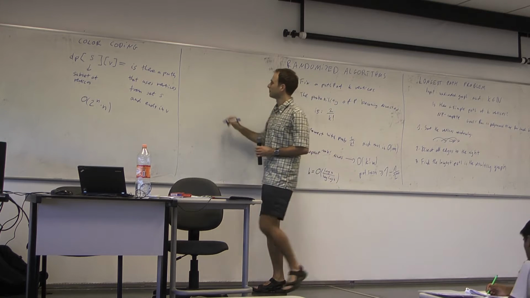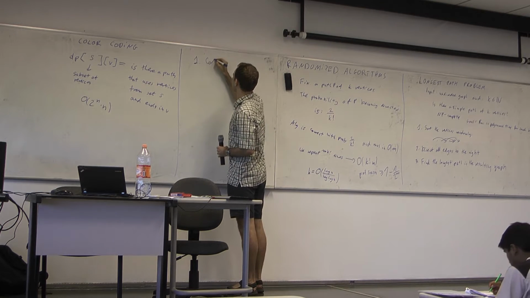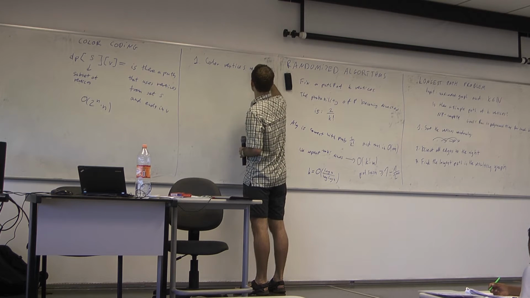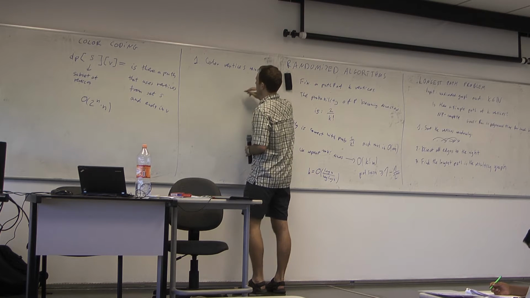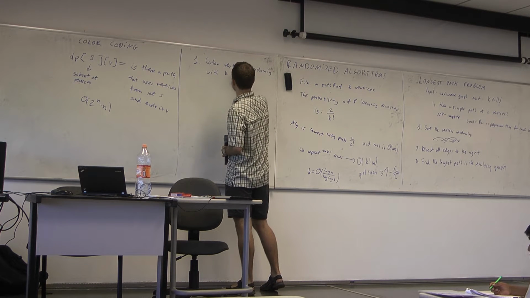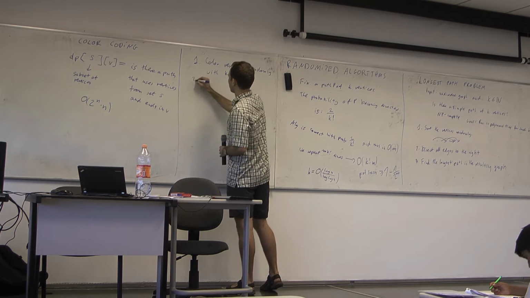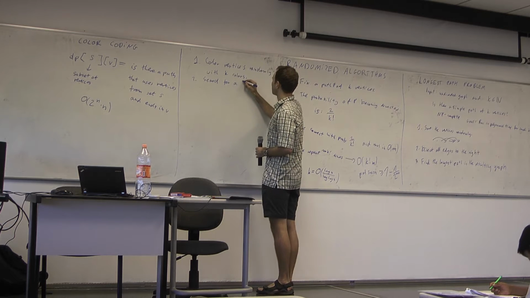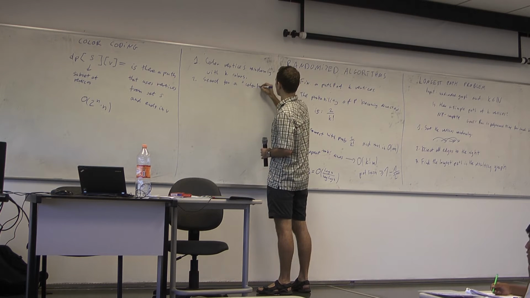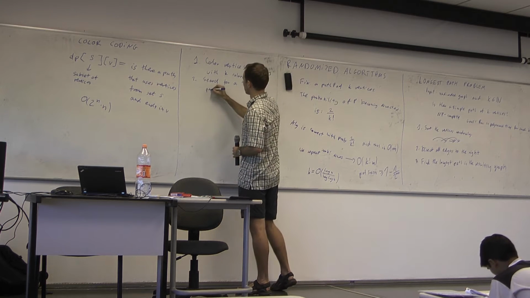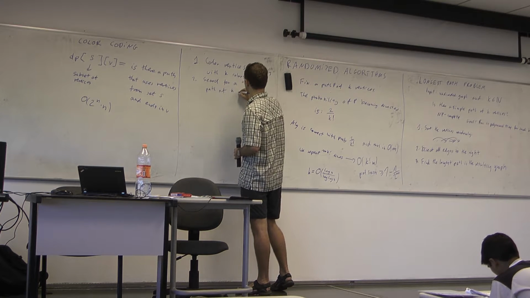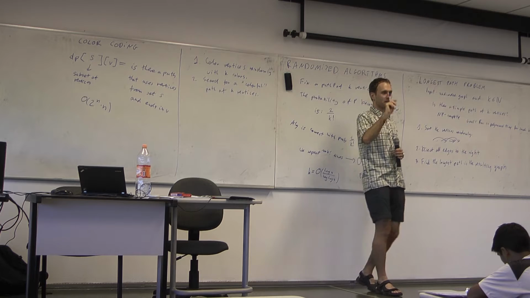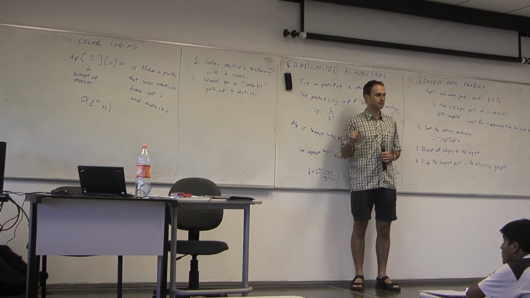So what we'll do, we'll first color vertices randomly with k colors, and then we're going to search for a colorful path of k vertices. Colorful means that every vertex on this path is a different color.